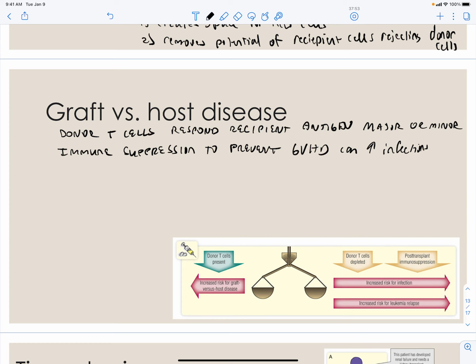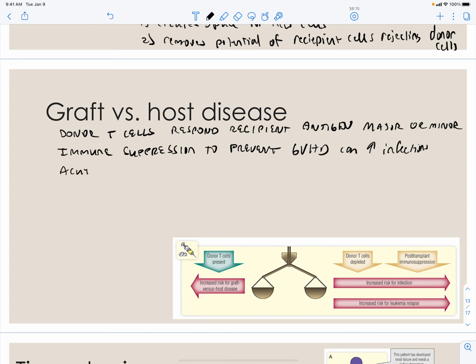And it's going to involve widespread inflammation, widespread attack of the skin, gut, liver, lungs. It has about a 70% mortality rate. Chronic graft versus host disease occurs later and affects mostly the skin and liver.